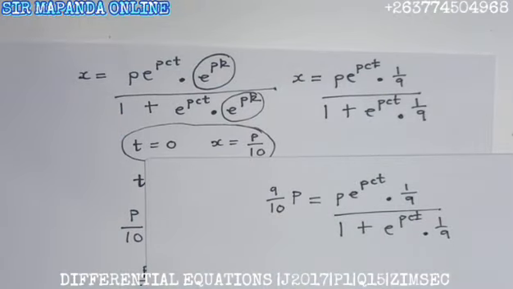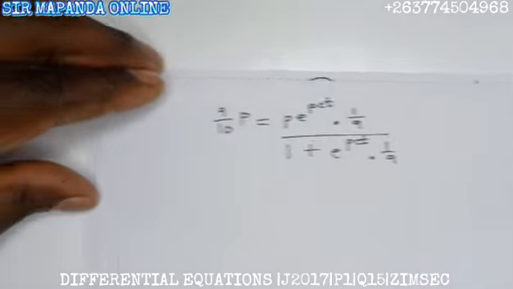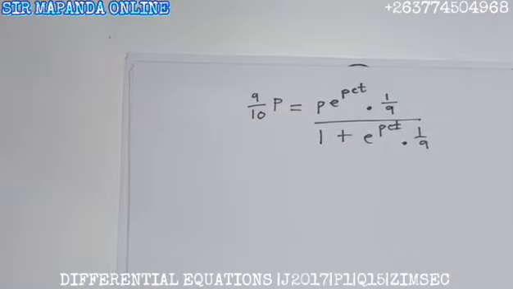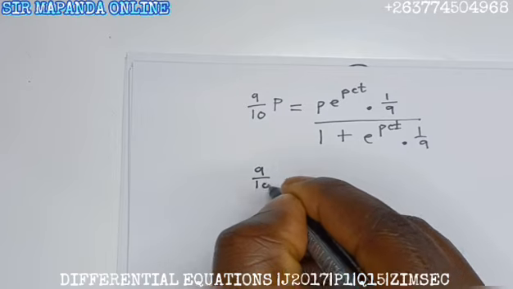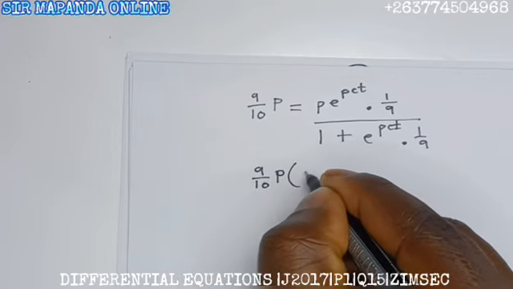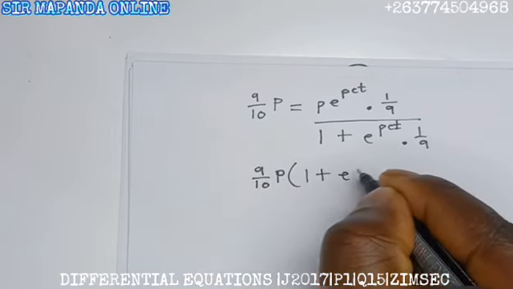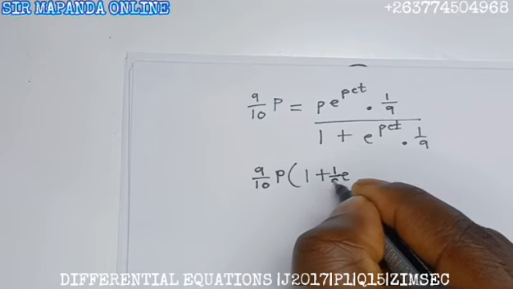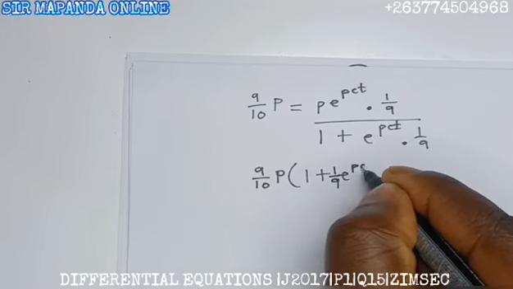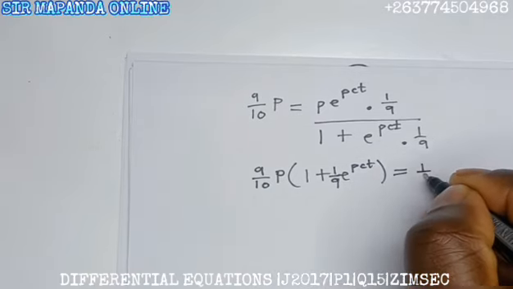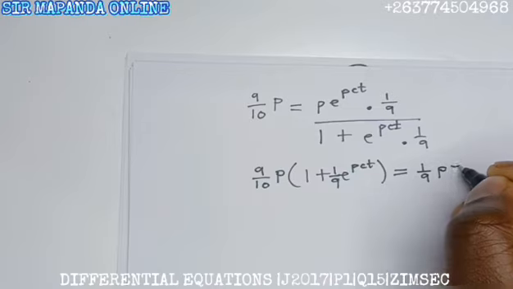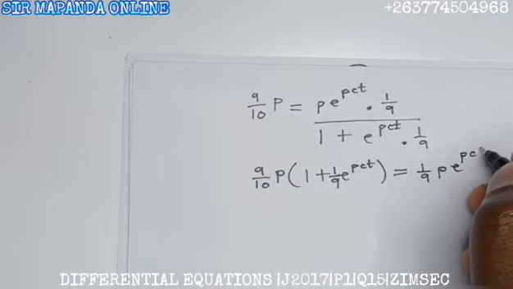Then we want to make T the subject of the formula. To solve this equation, let us cross multiply. Here I'm going to say 9 over 10 P open bracket 1 plus 1 over 9 e to the power of PCT close bracket is equal to 1 over 9 P e to the power of PCT.